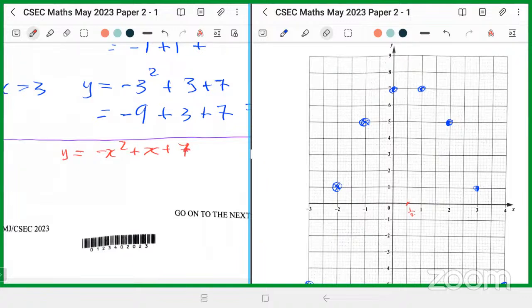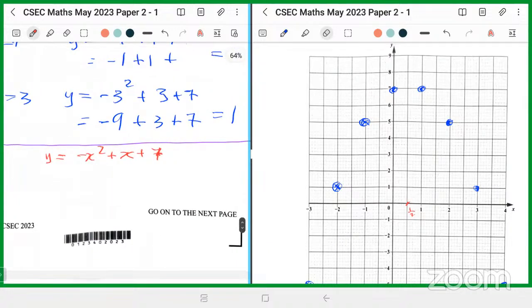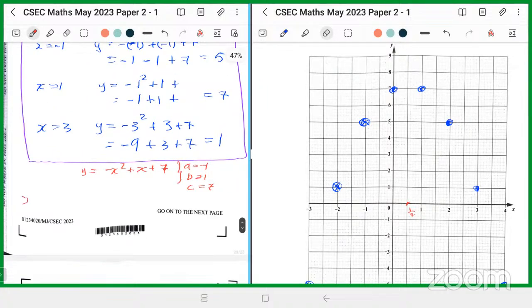All right. Now if this is the function, then a will be equal to -1, b will be equal to 1, and c will be equal to 7. If you calculate xt, the x of the turning point, which is minus b over 2a, it will be minus the b, which is 1, over 2 times the a, which is -1.